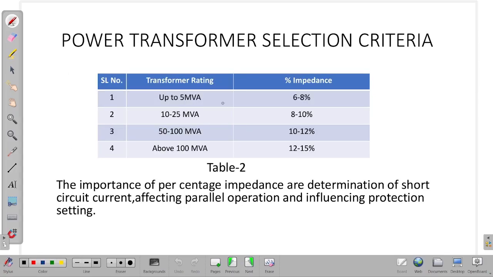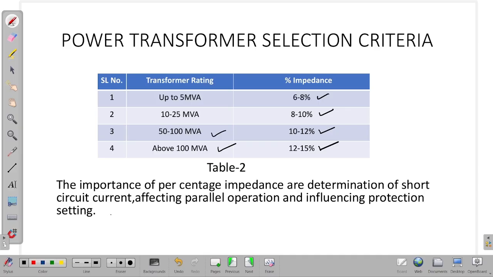Up to 5 MVA, the percentage impedance is 6 to 8%, and for 10 to 25 MVA, it is 8 to 10%, and for 50 up to 100 MVA, it is 10 to 12%, and for above 400 MVA, it is taken to be 12 to 15%. The importance of the percentage impedance is determination of short circuit current, affecting parallel operation, and influencing the protection setting.